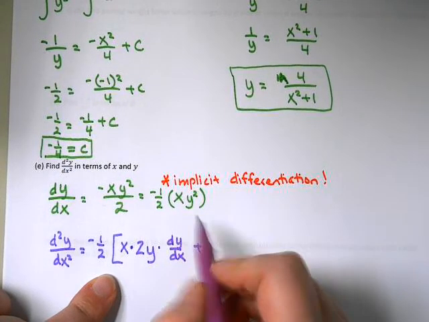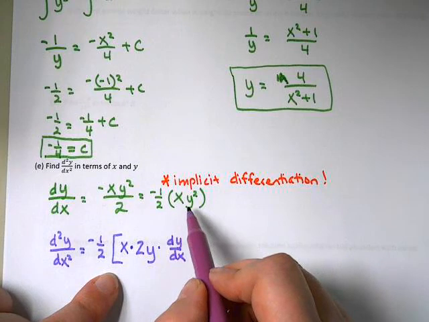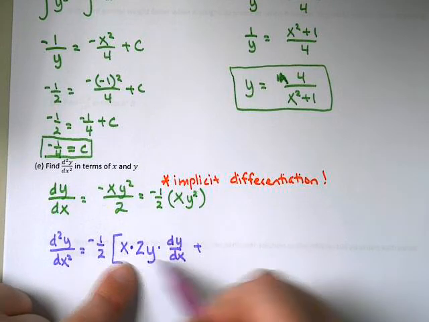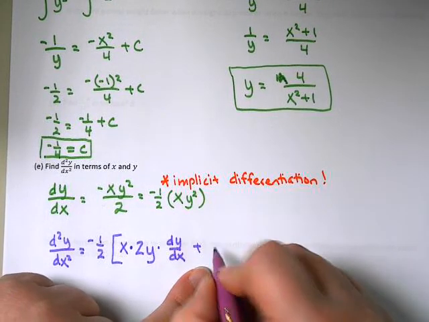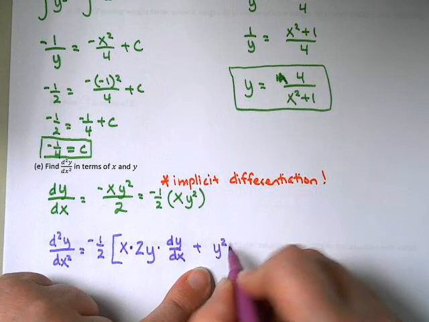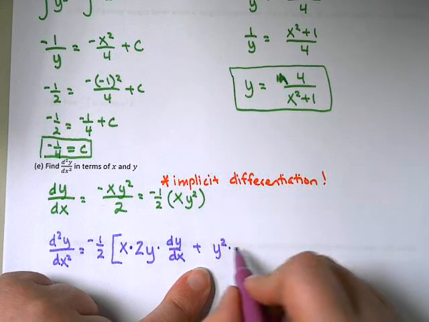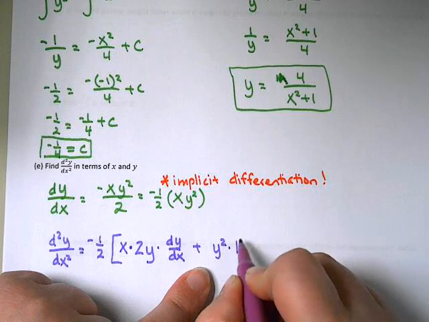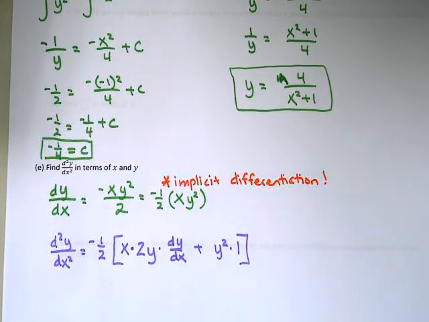And then plus, product rule says the first times the derivative of the second plus the second, which is y squared, times the derivative of the first. Well, the derivative of the first is just 1, and so there's our product rule there.